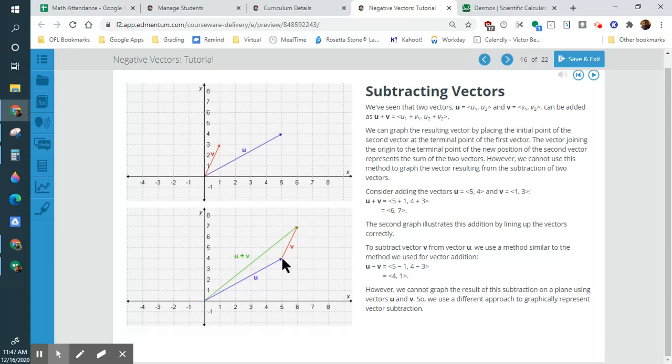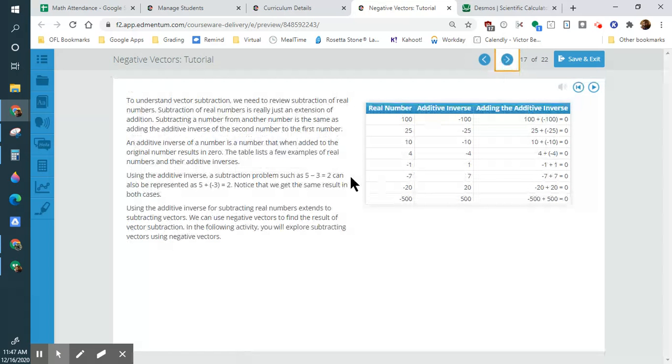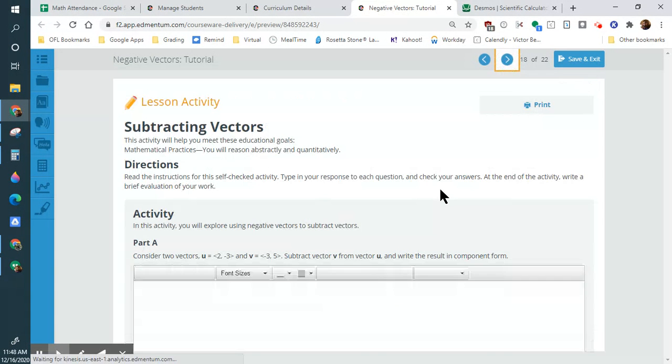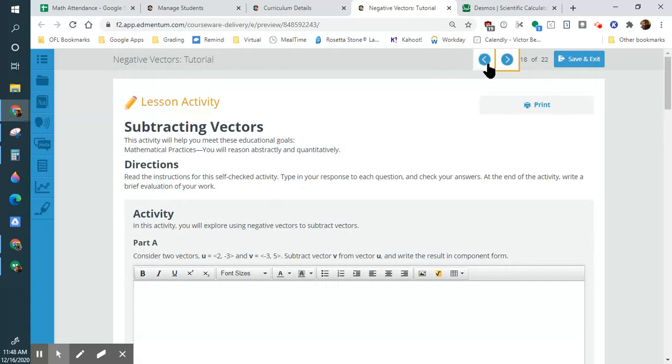When you're subtracting vectors, it's a little different. You're kind of doing it in the opposite direction. Here's a chart for doing inverses, which is weird, but they're reminding us how to do that. I was going to leave this for part 2, but we have like 4 slides left.